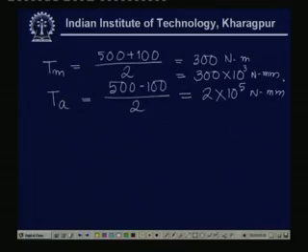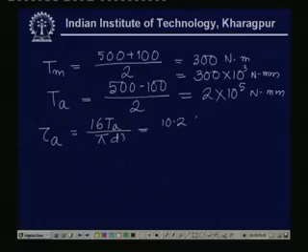That means the stress amplitude will be 16 TA by pi d cube, and this comes out to be, if you put the values, 10.2 into 10 to the power 5.